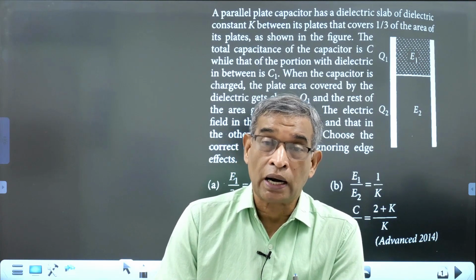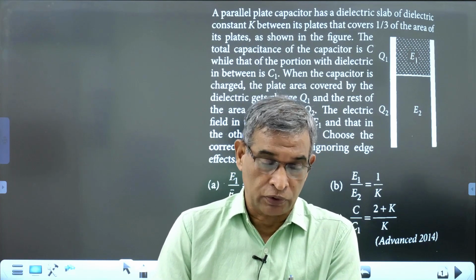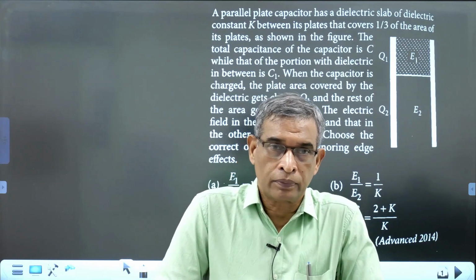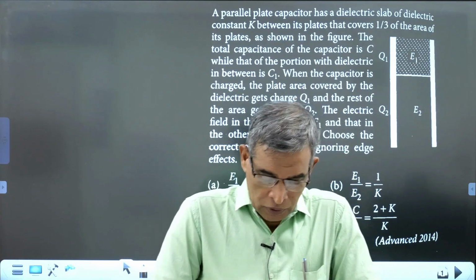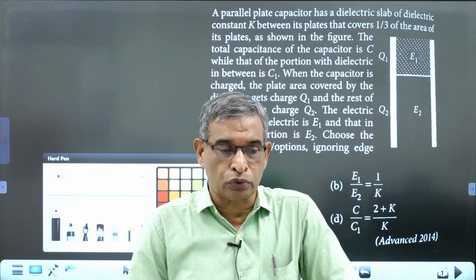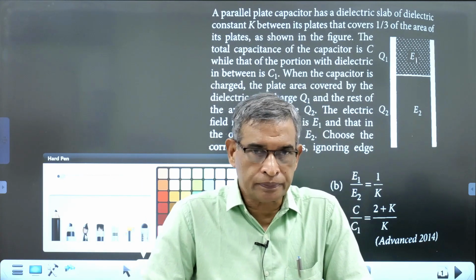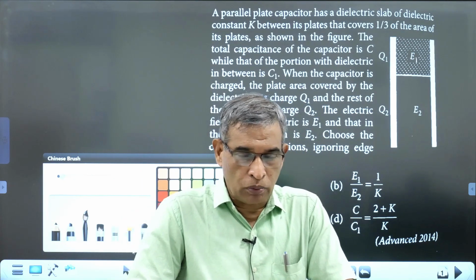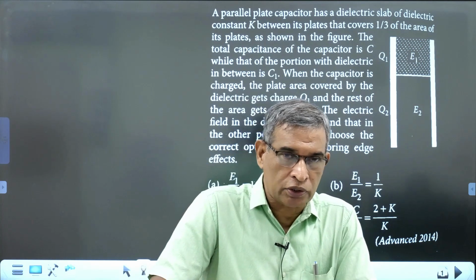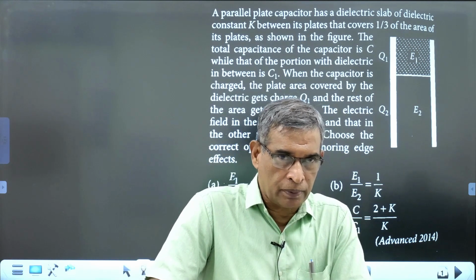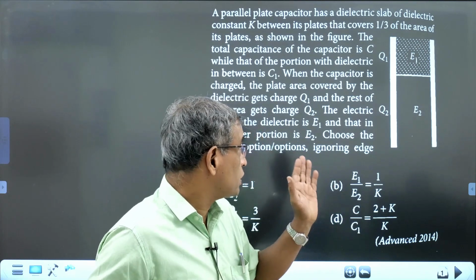Therefore, we have to analyze all the options and see which one is correct and which one is wrong. After all, this is a problem associated with the capacitor. It is said that C is the total capacity of the arrangement, but as you see, it is partially filled.